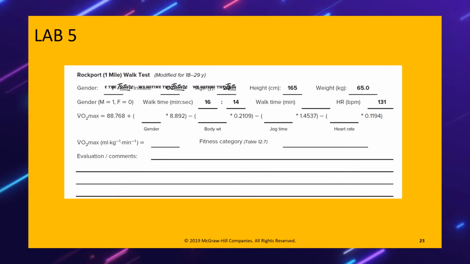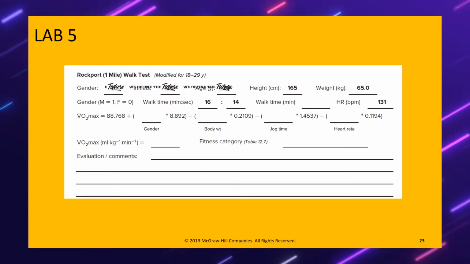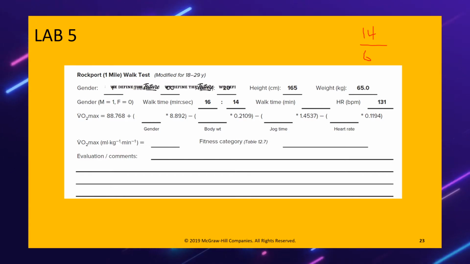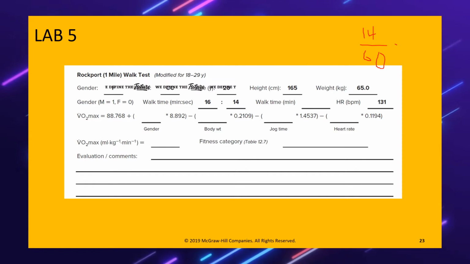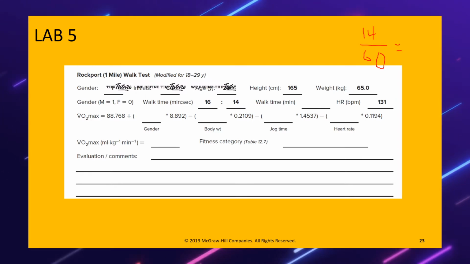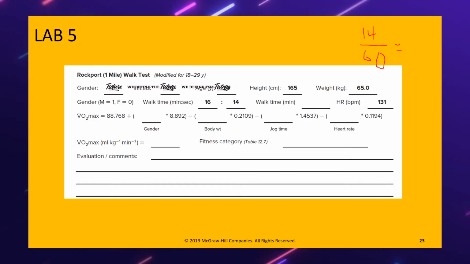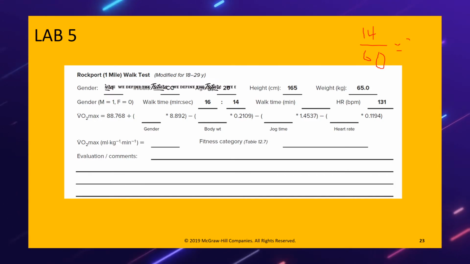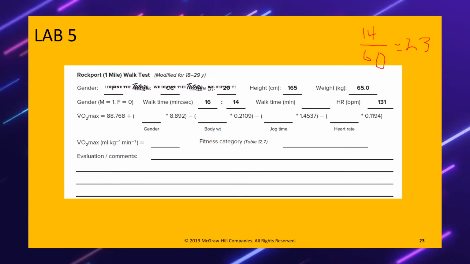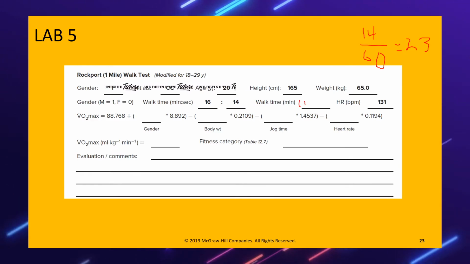How do we do that? Again, we're going to take the top number being 14, divide it by 60, and then from there, we get our time, which is going to be 23. So from there, we're going to write 16.23.